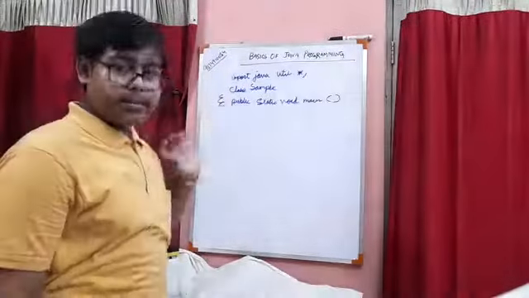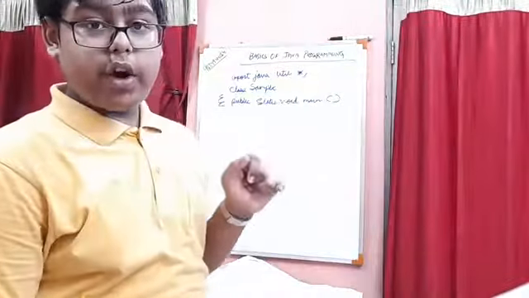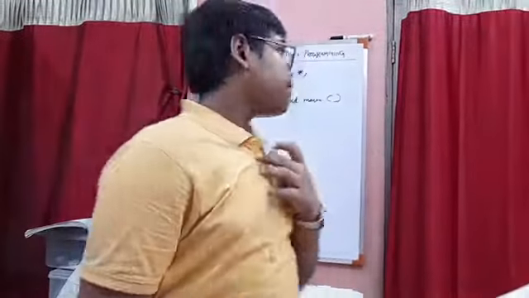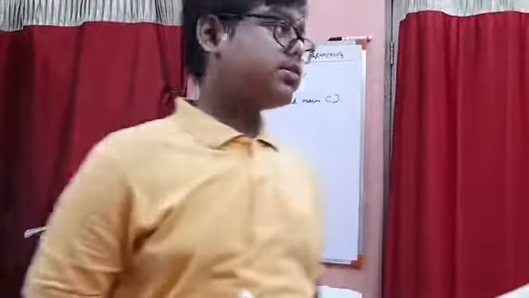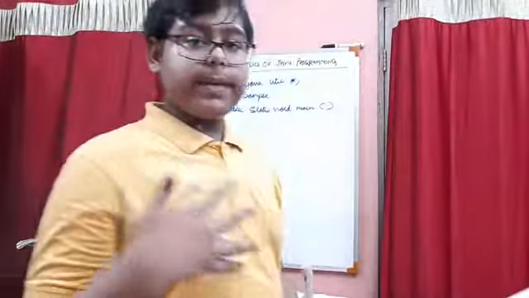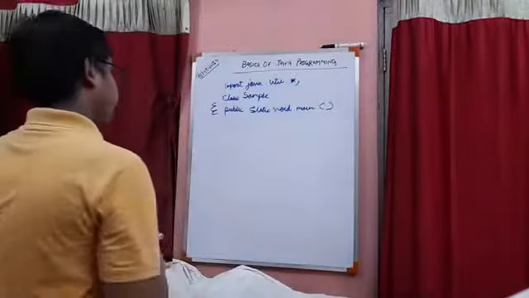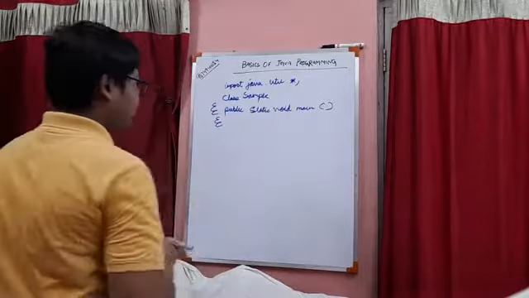You need to mention public here, it would be better. You can also write just void main parenthesis, but I would prefer this because if you write only void main parenthesis in computer, it might get complicated. And you need to create another object, and that would be messed up for a beginner. Now we continue. After this statement, you need to give another second bracket.